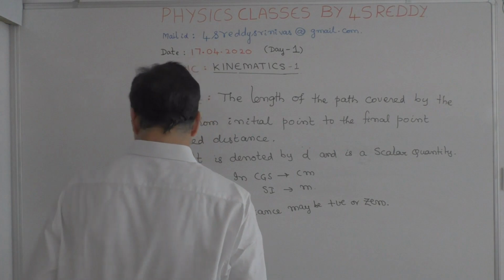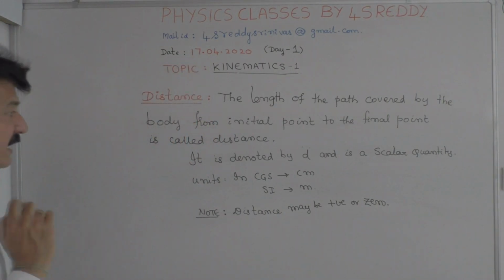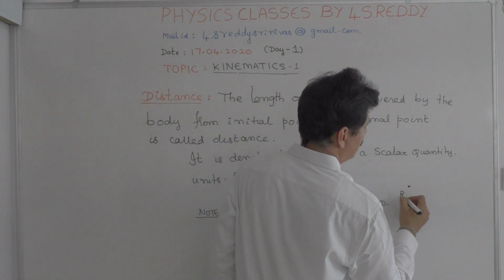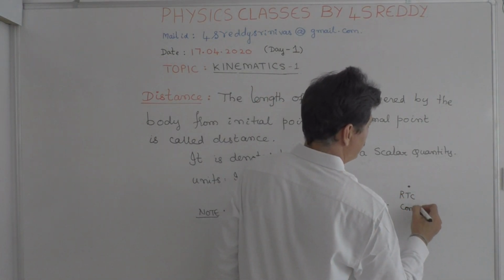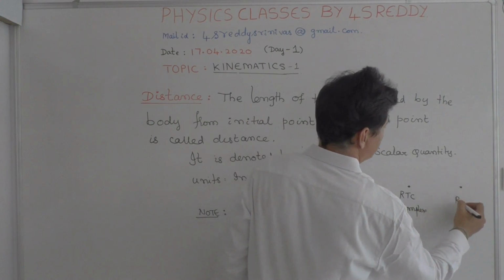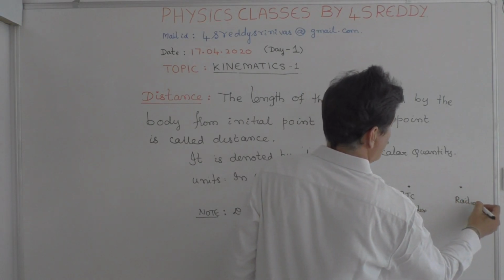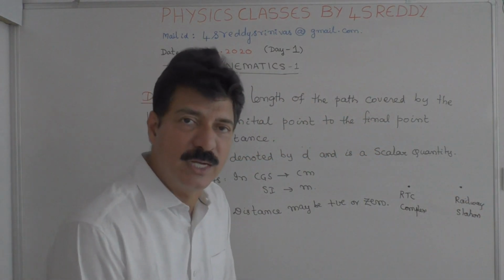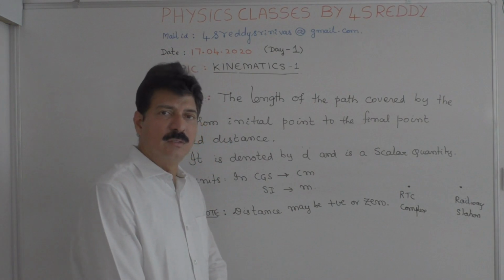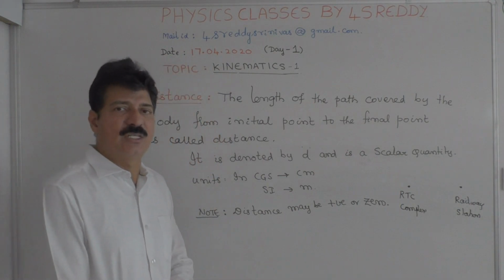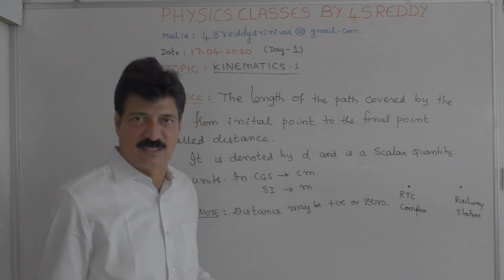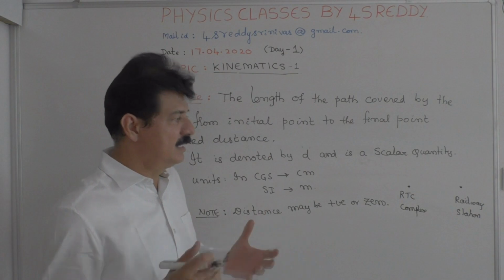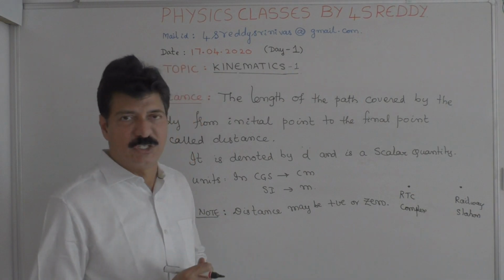Generally, you may be asked a question here. Once you have the idea of this, suppose you are asked to go from RTC complex to the railway station. How will you go? Since I didn't mention any direction, you may choose different paths to reach the destination, starting from RTC complex.